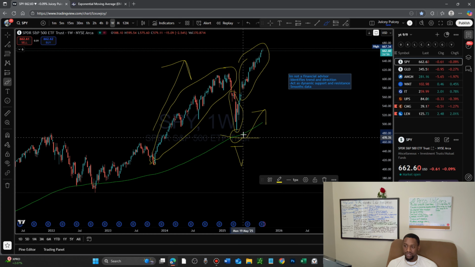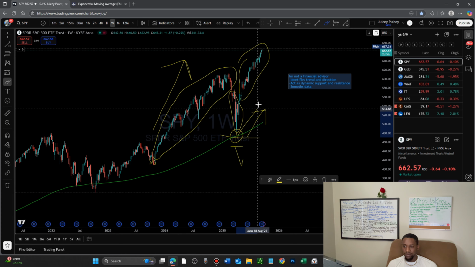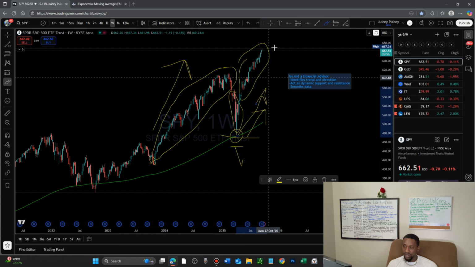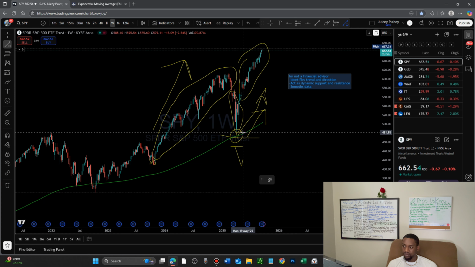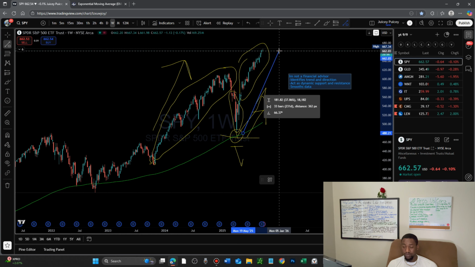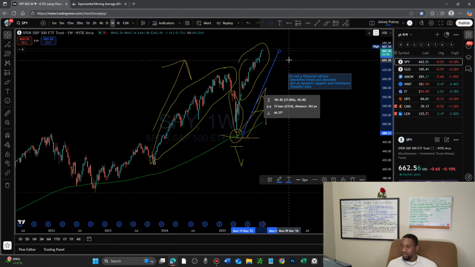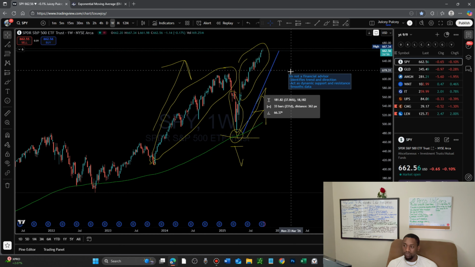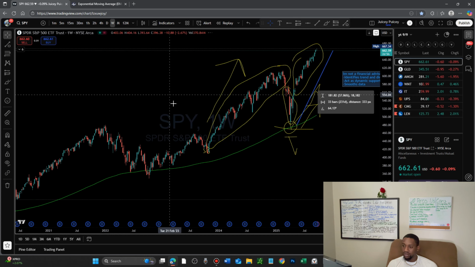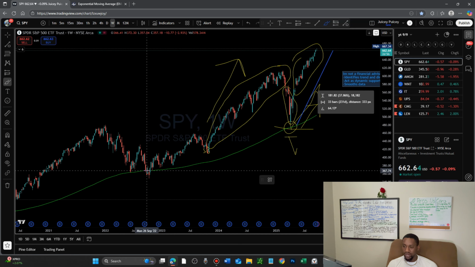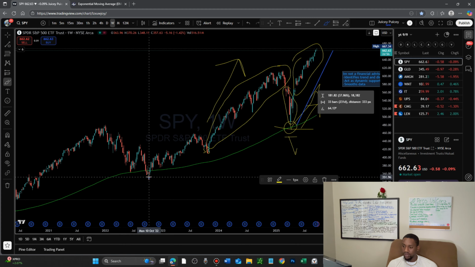Right here, we can tell price came down to this 200 EMA, and what did it do? It actually bounced up. It didn't come down to it precisely. It ain't going to always be precise. But it went up, what, 38% once it did that. Check it out again. It's not going to be precise. It went down some.